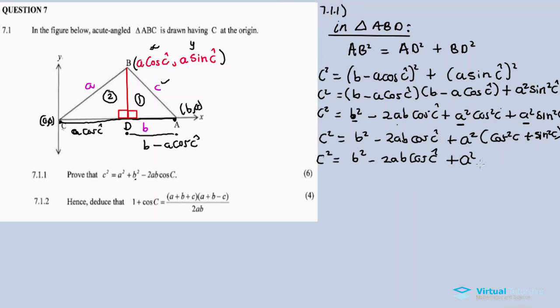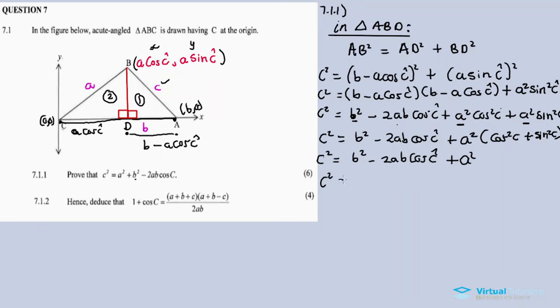But in fact, this cos squared plus sine squared is what? It is an identity. It's equal to 1, and 1 times A squared is equal to A squared. This disappears in that way. So here it is in fact 1.